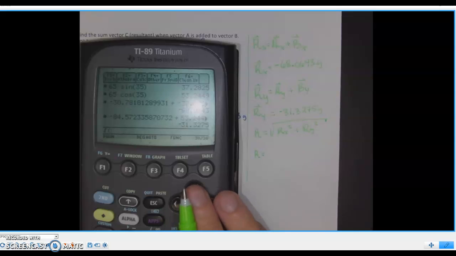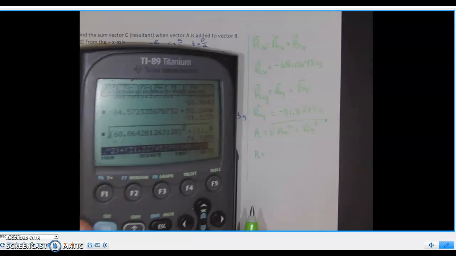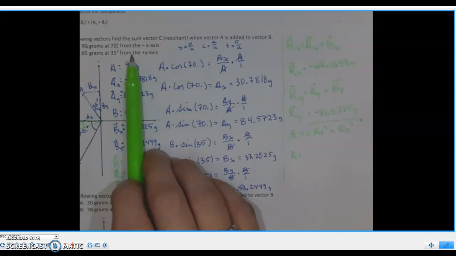So I'm going to take r sub x, which is that 68 value, squared, plus r sub y squared, close my parentheses, and I get a final answer of 74.9, etc. 2 sig figs.